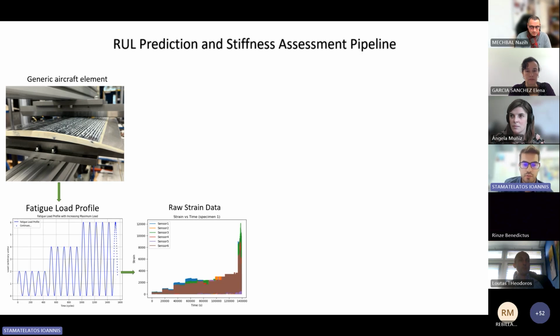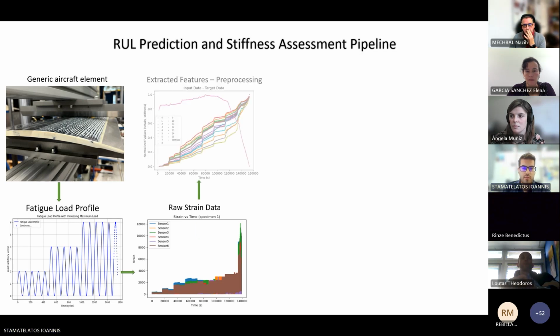I will continue that in this case study, we exploited only strain data, as Mr. Galanopoulos described before. So we took the strain data and we had to pre-process them to be ready to be fed in the deep learning pipeline.